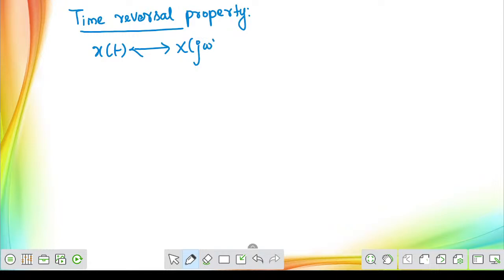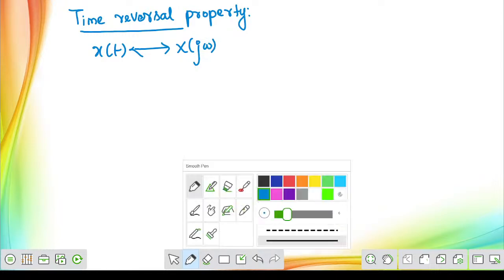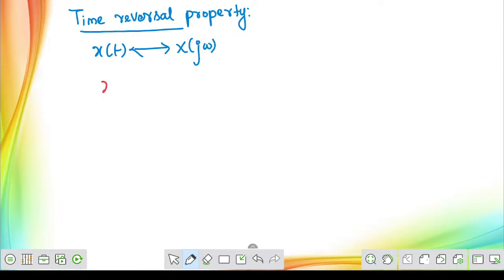Time reversal means t will be flipped to minus t, so I replace t by minus t. Then in its corresponding Fourier transform, omega also gets flipped, so the value becomes x of minus omega. That's it. This is how we apply the time reversal property.